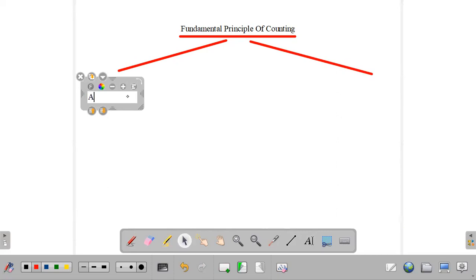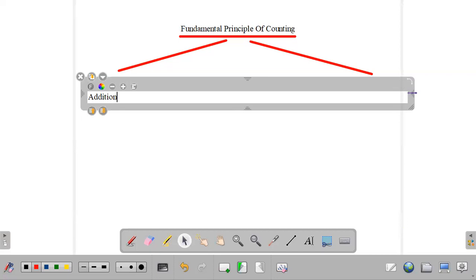First one is addition. And on this side, I will be writing the fundamental principle of counting, that is multiplication. Okay, so please make a note of this. We have addition and also multiplication.